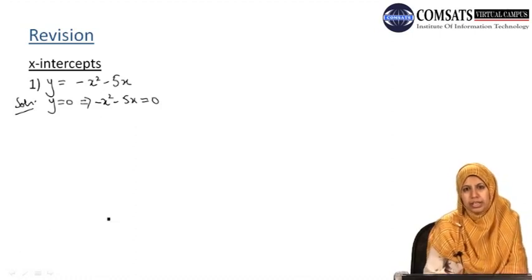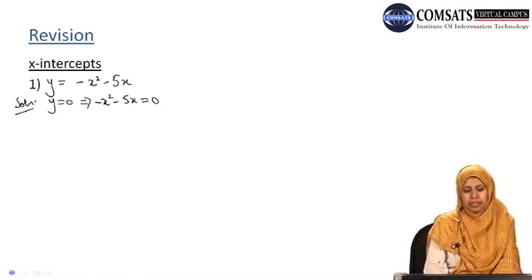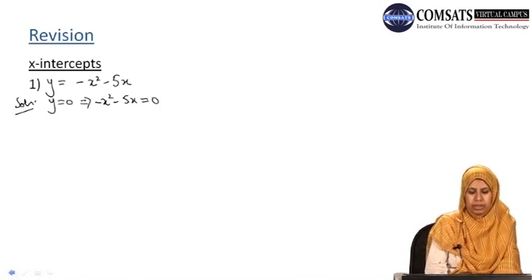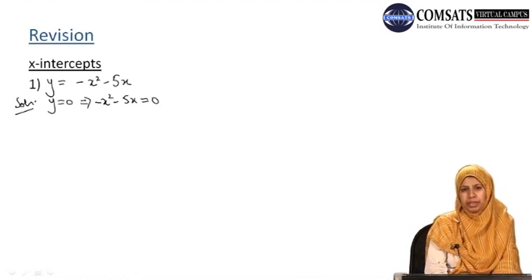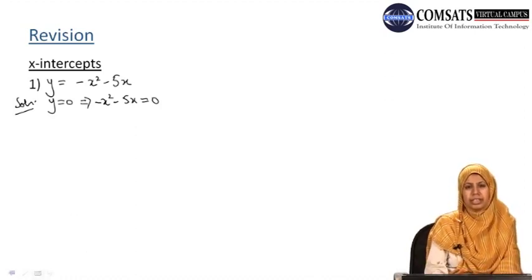In order to find the x-intercepts, basically we are interested in finding the roots of this quadratic equation. To find the roots of a quadratic equation, we have two main methods, namely the factorization method and the quadratic formula. Here in this case, we can easily make the factors of our given equation.